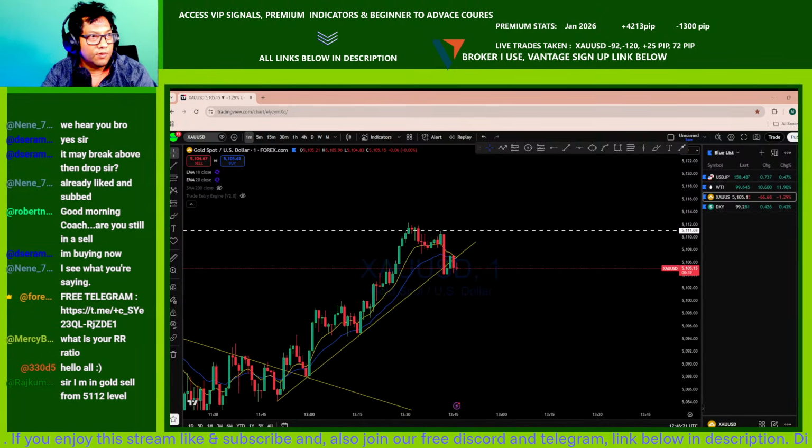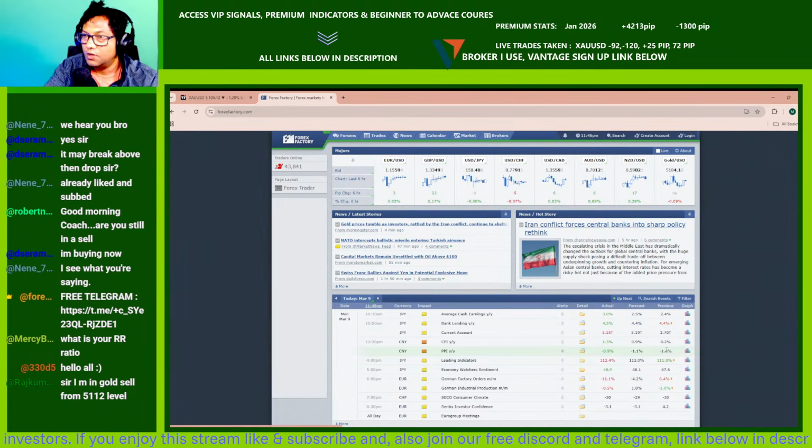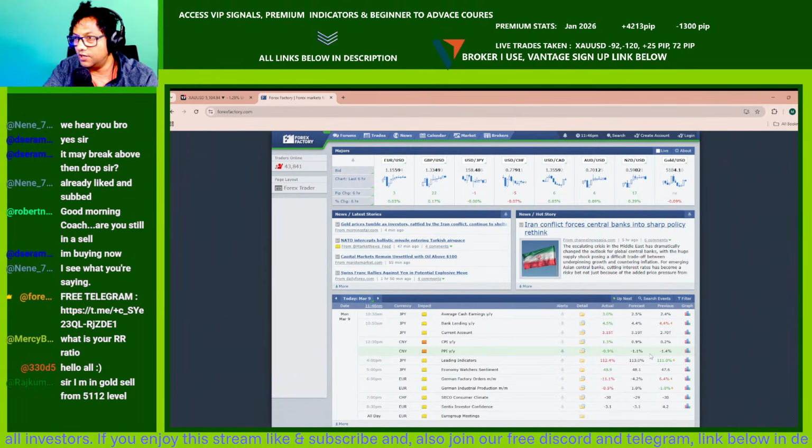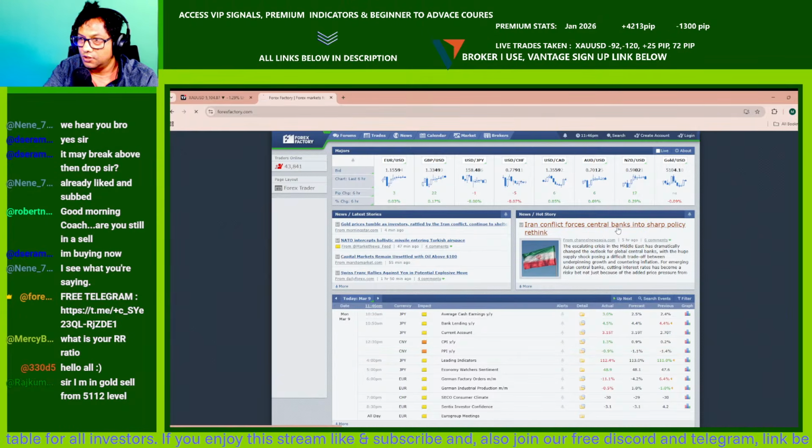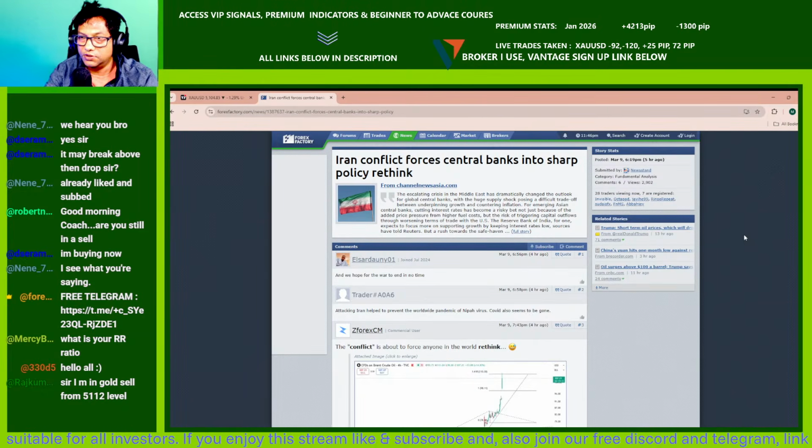By the way, in the meantime, let's look at what's happening with the calendar and the news. What's happening here? Conflict forces central bank into sharp policy rethink. Okay, so this is important news, of course. See how the central banks are.